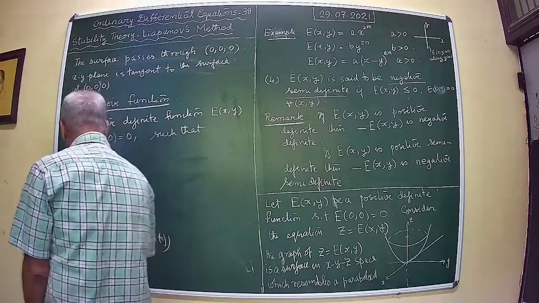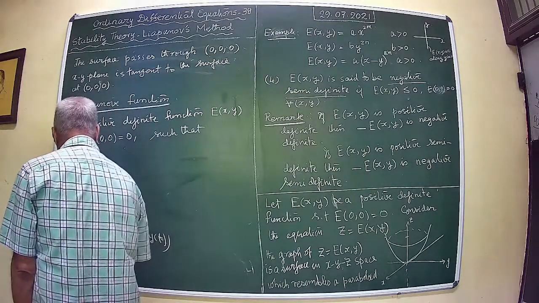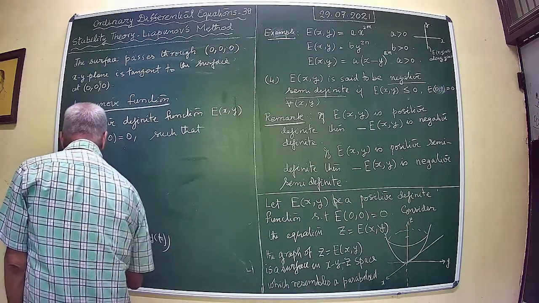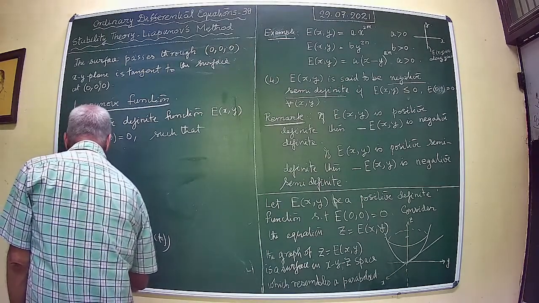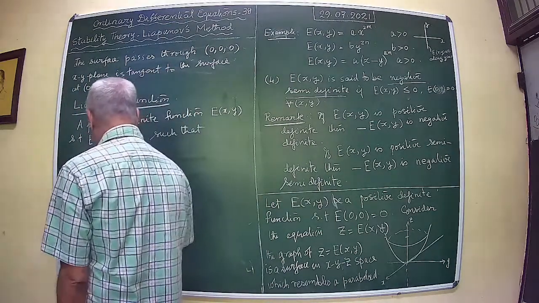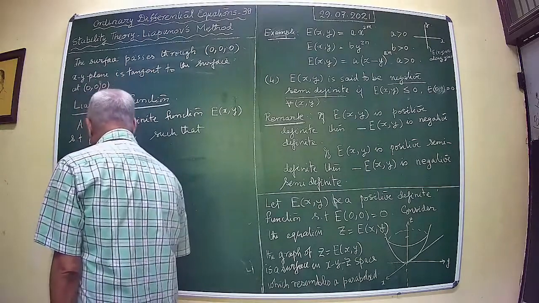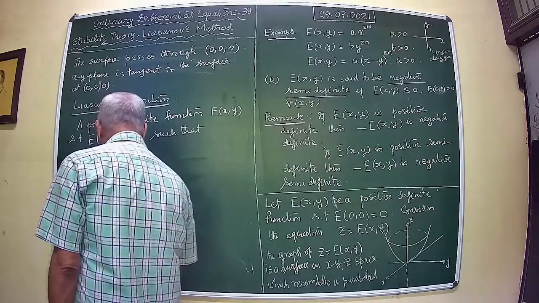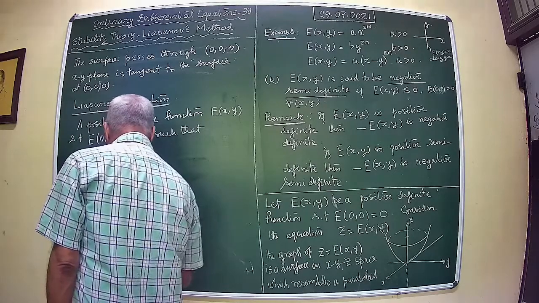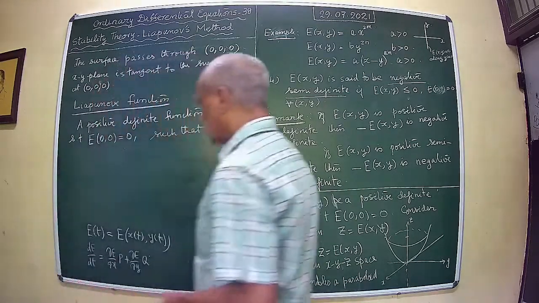Then you see that the partial derivative of E with respect to x into dx by dt, where dx by dt is P, plus the partial derivative with respect to y into dy by dt, which is Q. This is what we have seen.